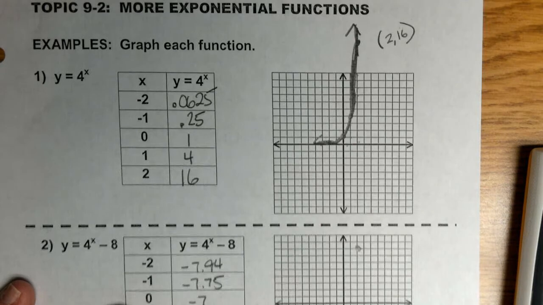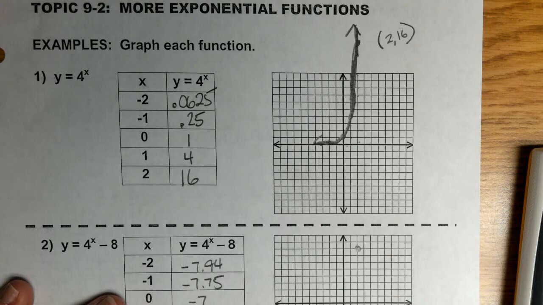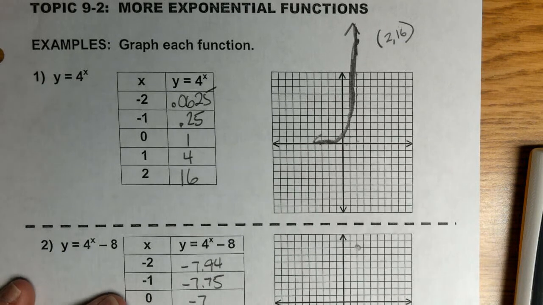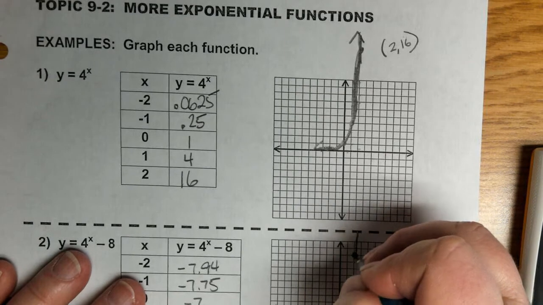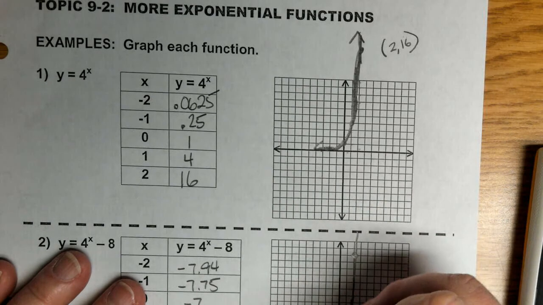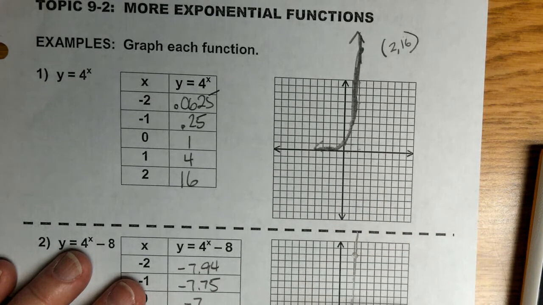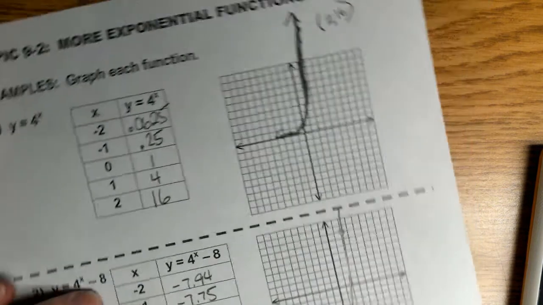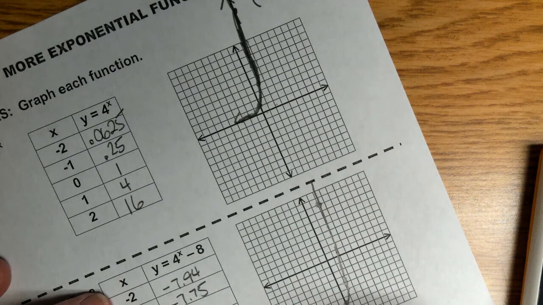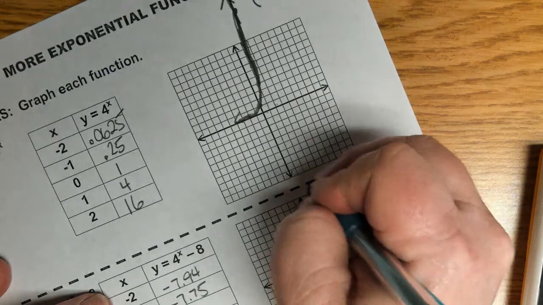And then this is where I get into -7.75, and then just right there. Let's see if I can make this one look better. Probably not. It's too long of a line for me. And it's going to go down here.